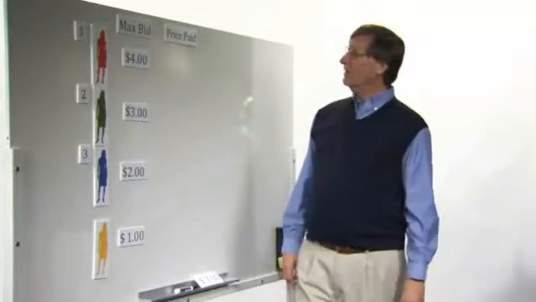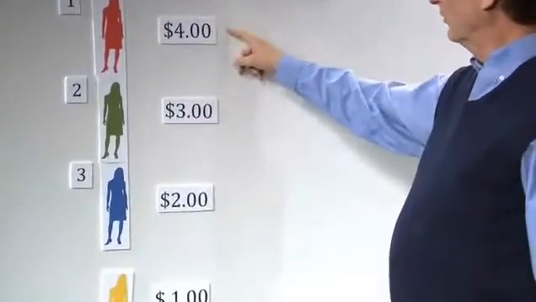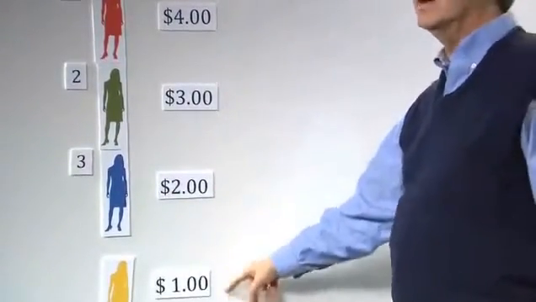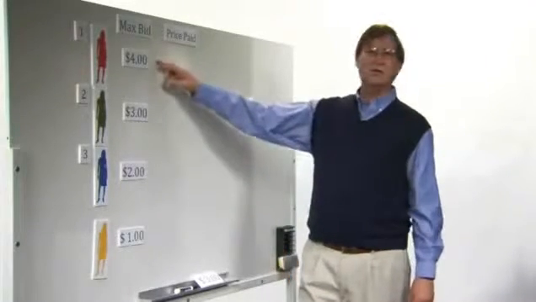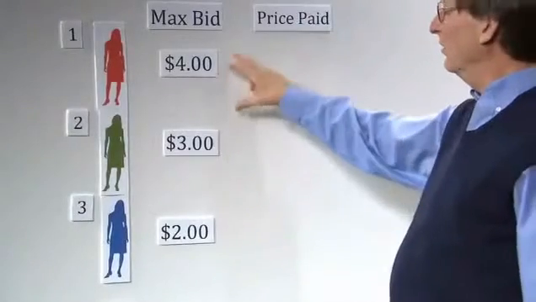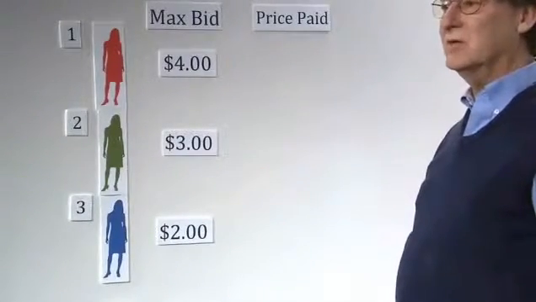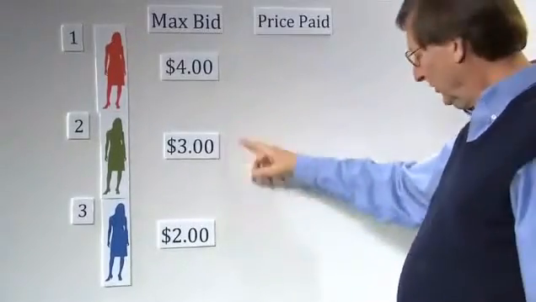In this particular case, we have our four advertisers with different bids: 4, 3, 2, and 1. The ads are ordered in terms of those bids. Highest bidder gets the first position, second highest bidder the second position, and so on. They don't have to pay their bid when they receive a click. They only have to pay the bid of the advertiser below them.